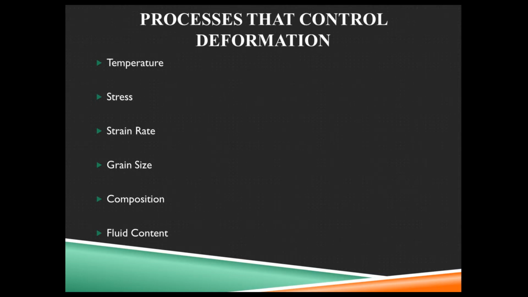So strain rate is really important. Grain size affects the deformation that happens in your rock. If you've got very large grain sizes, you're more likely to have certain kinds of deformation than if you have very small grain size. Composition. This, of course, matters because different composition means you have different minerals, different physical attributes, different melting temperatures, different strengths. And fluid content.